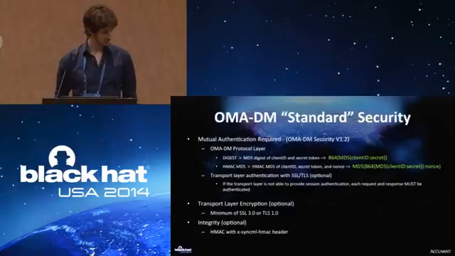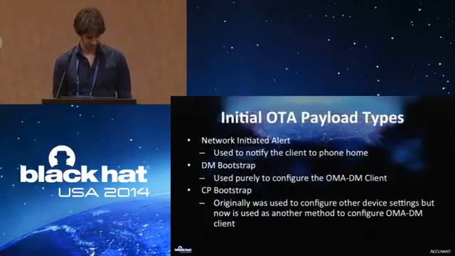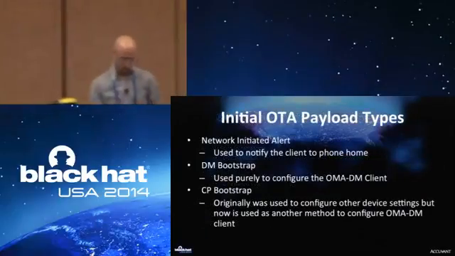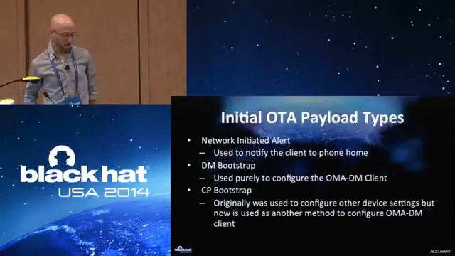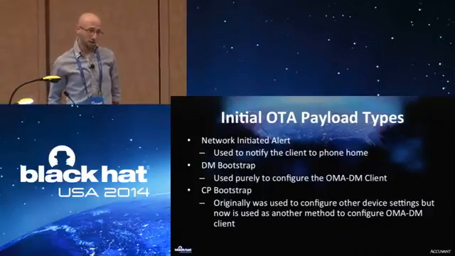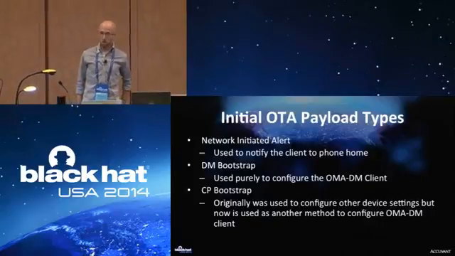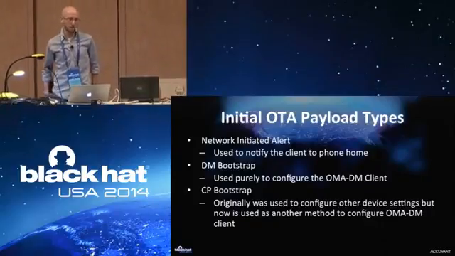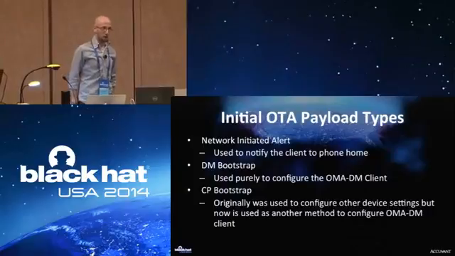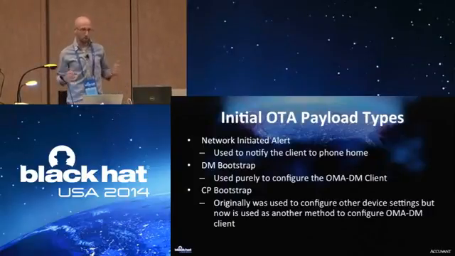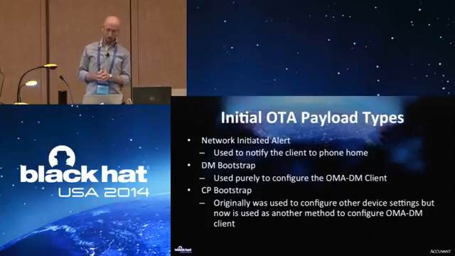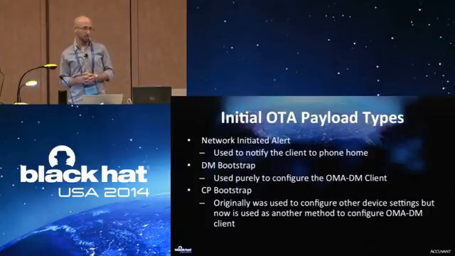Okay. Take it back over. So we're going to talk about a few of the different initial over-the-air payload types. We have 3 major types. One, what's called a network-initiated alert. Pretty much it is a very small set of data that just wakes up the client, tells it to phone home. We have another one called DM Bootstrap.